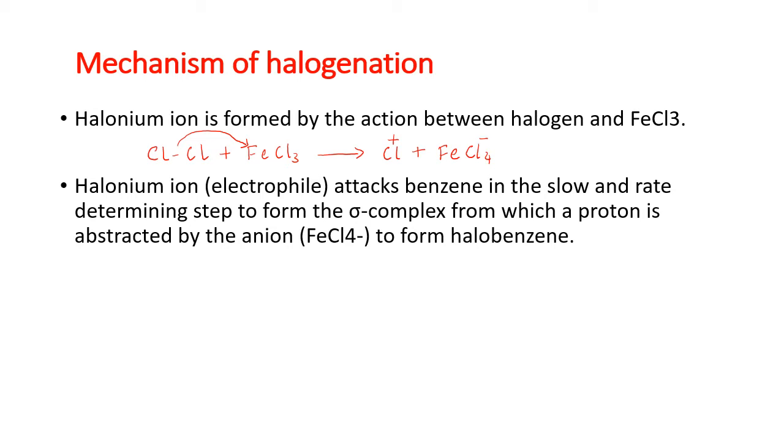And the halonium ion, the electrophile, attacks the benzene ring in the slow and rate determining step to form the sigma complex, from which a proton is abstracted by the anion FeCl4- to form halobenzene. So the electrophile Cl+ attacks the benzene ring in the slow step.